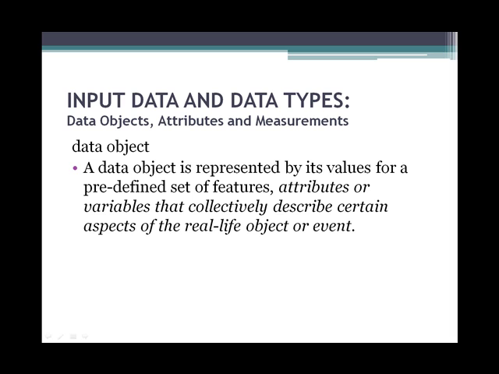Those 5 things are called variables, and they're measured on an individual, and that's what we mean by a data object. A data object is represented by its values for a predefined set of features. In that case, the predefined set of features are the 5 variables I just mentioned. If we were talking about the weather and playing golf, then the variables were outlook, humidity, temperature, windiness, and play or not.